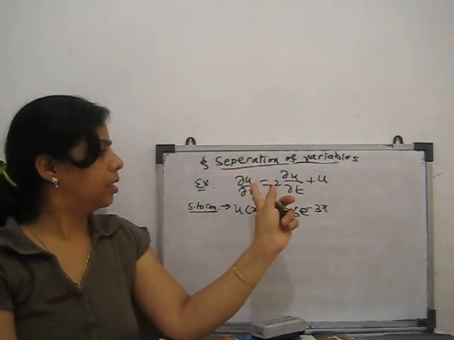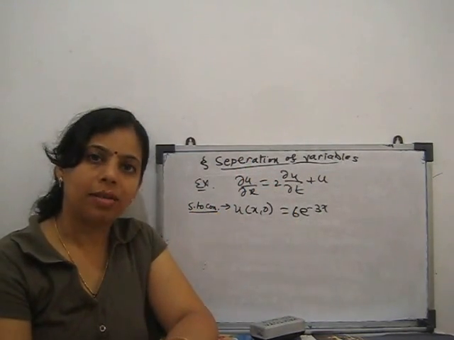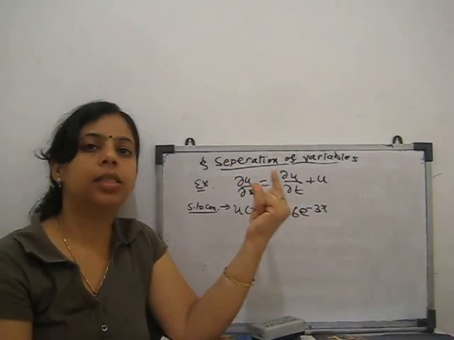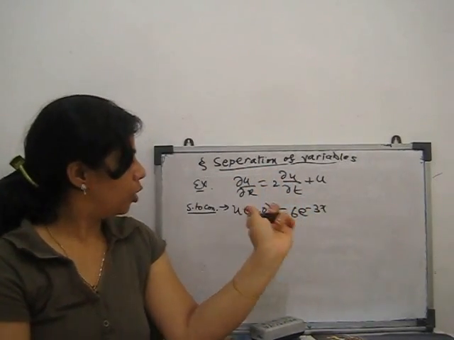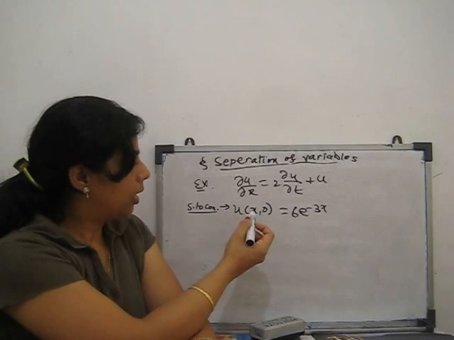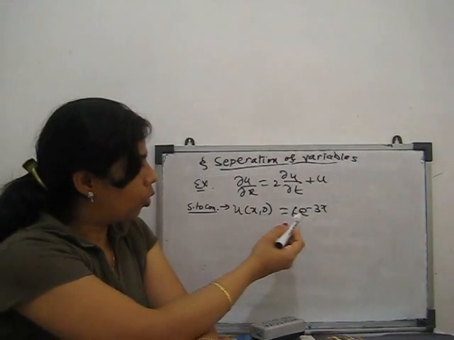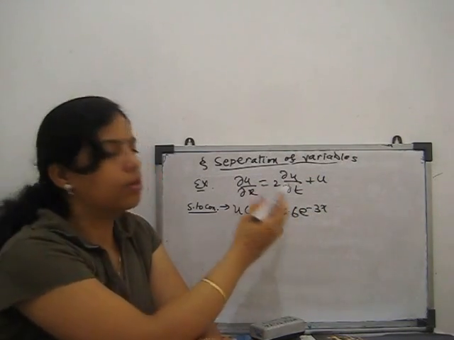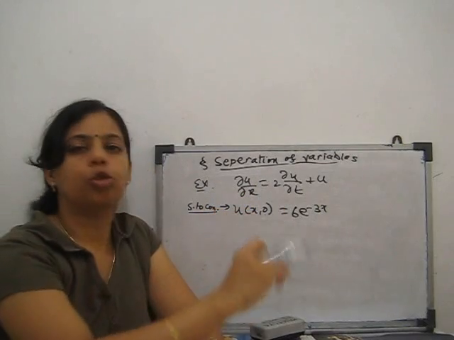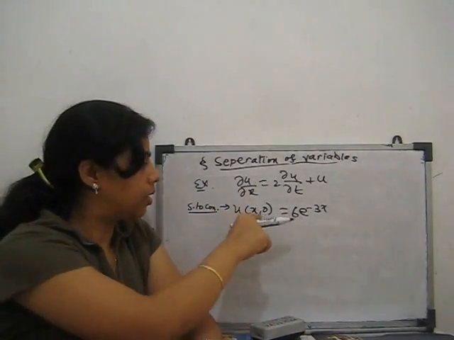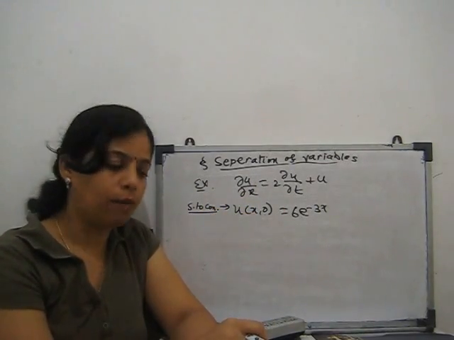So this is our second order partial differential equation in x and t. So u is a function of x and t. If we put t = 0, then the value of the given equation is 6e^(−3x). With the help of this condition we can find the value of the constant.